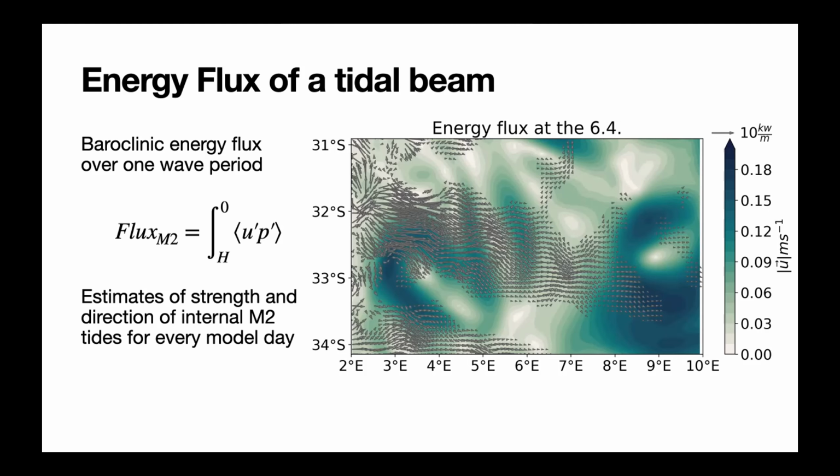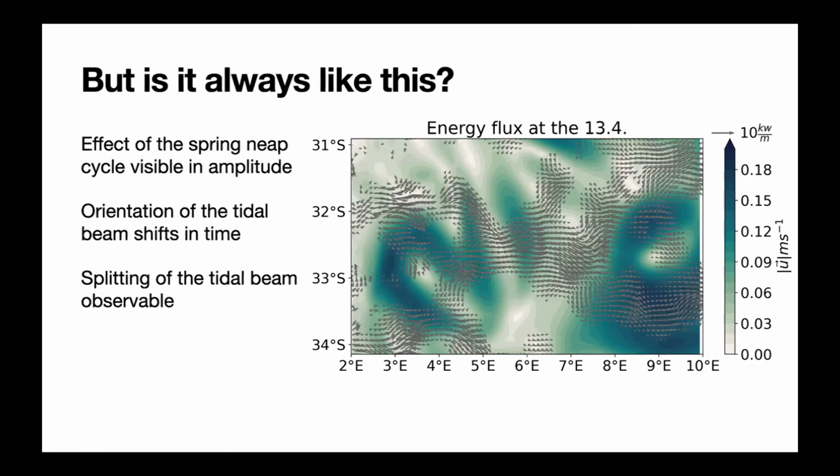And if we look now a few days later, we see a very different picture for the energy fluxes. First of all, what is quite easy to see is that now on the Walvis Ridge, the fluxes are much diminished, of an order of 10 to 100 lower than just 6 days before.